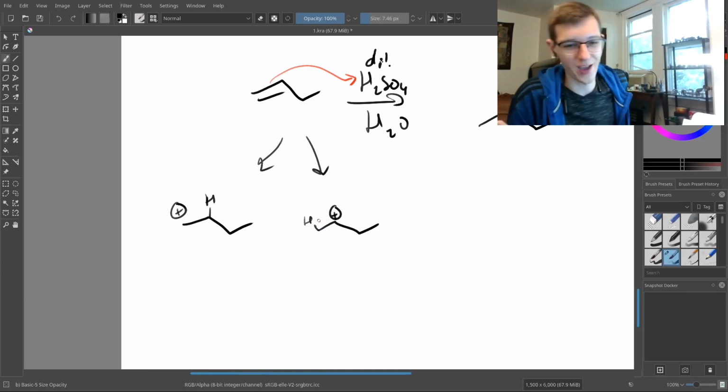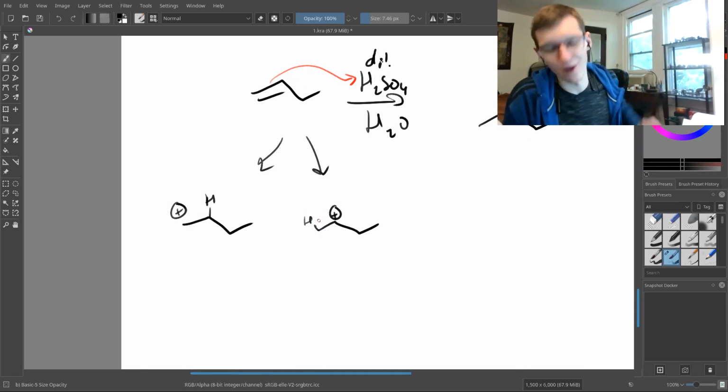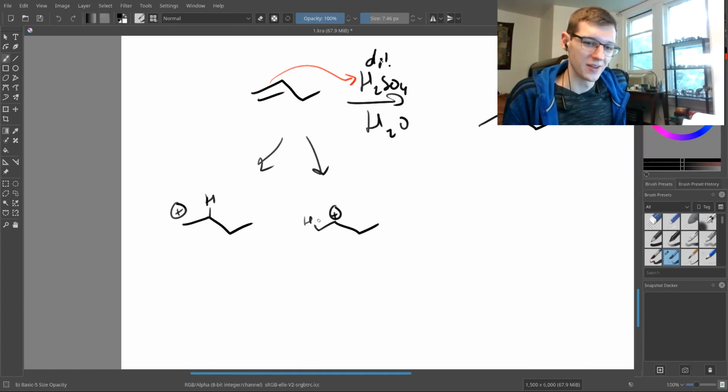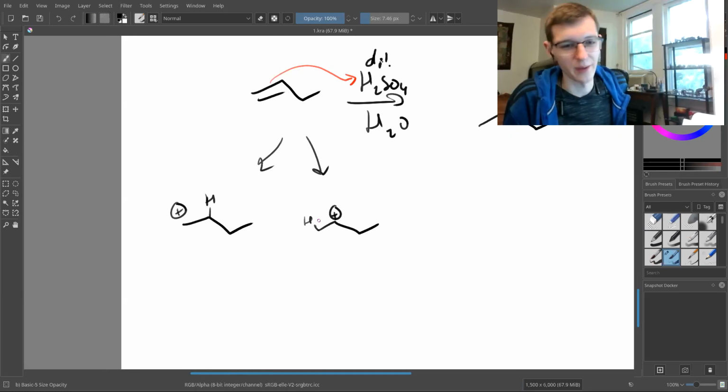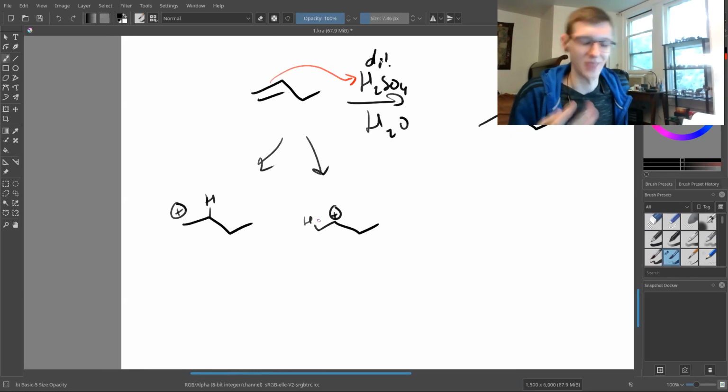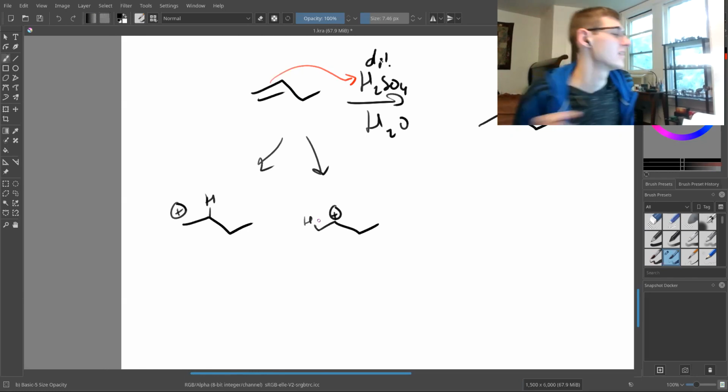What do we know about carbocations? What is the thing we know about them? More substituted is more stable. Yeah, they don't like being on primary carbons, right? That's not for them.